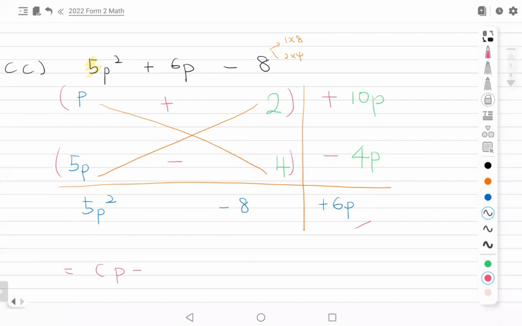Then write again. That's the answer. Irvin can do. If you want to write 1p also can, yes, no problem.